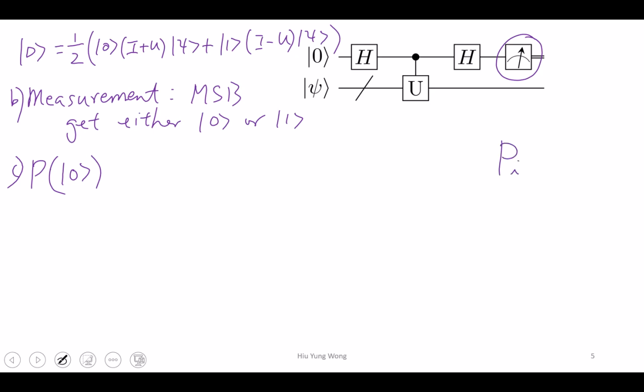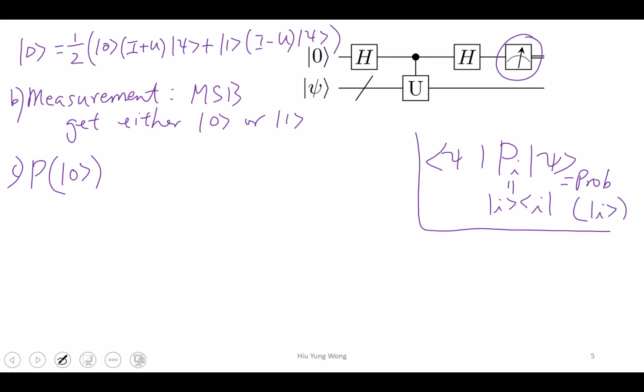For example, you want to know the probability of getting I state. You use the projection operator of I, which is I outer product I, and then you sandwich it with the states that you are interested in. That is the probability of getting I.